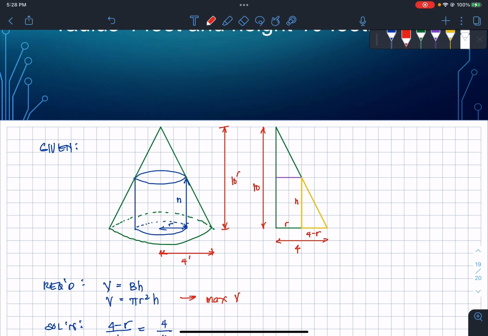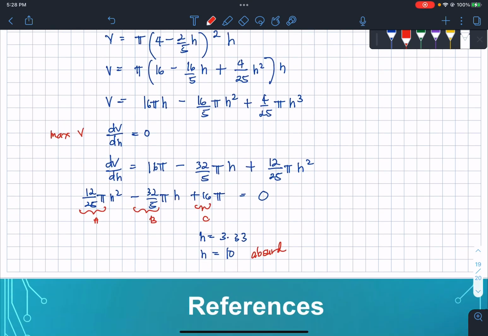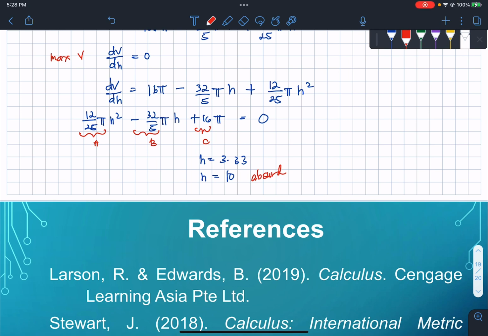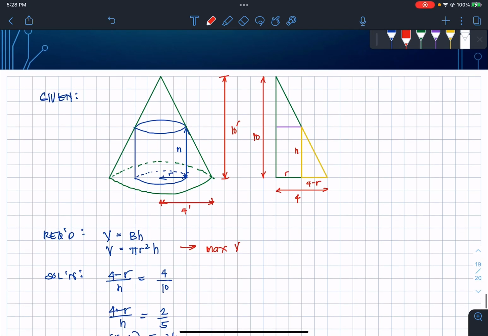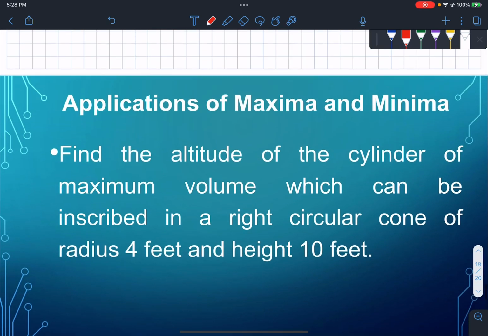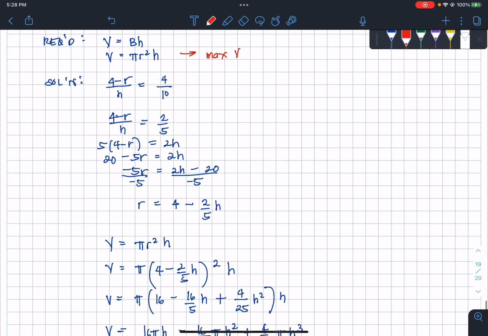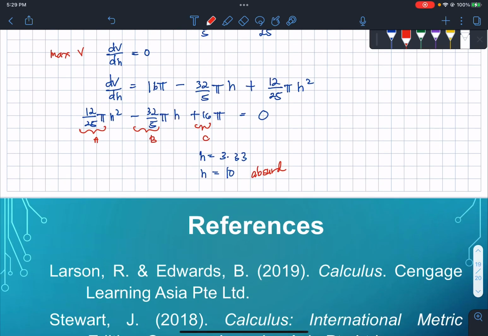If the height is 10, that means it's just a line. Okay, so that makes it an absurd cylinder. However, if height is 3.33, that's something that is within the parameters for the cylinder. So the answer then would be 3.33 feet.